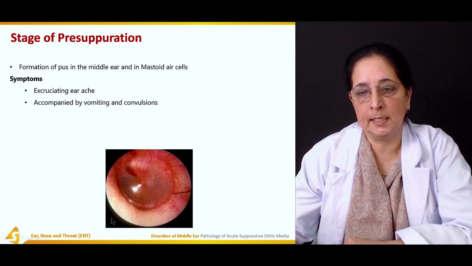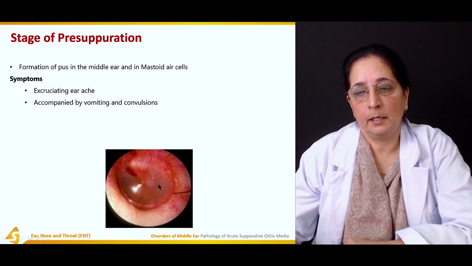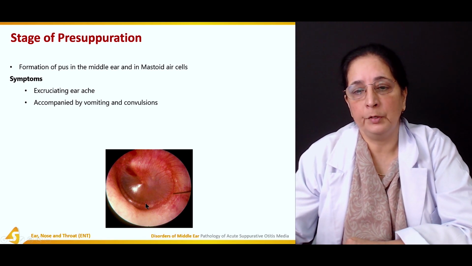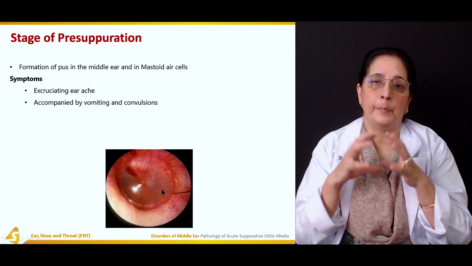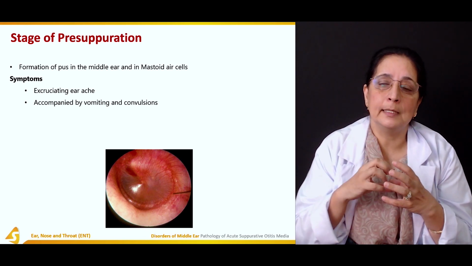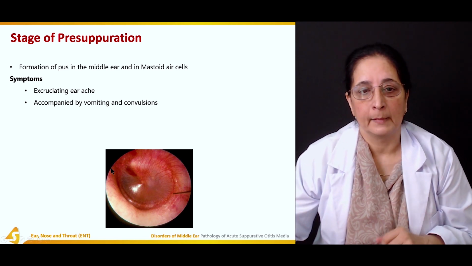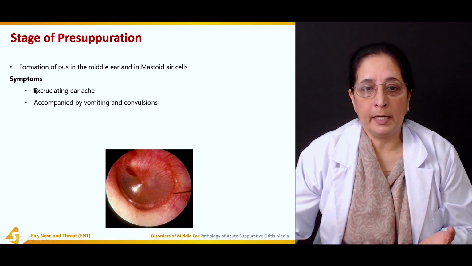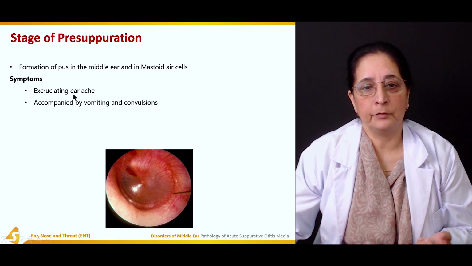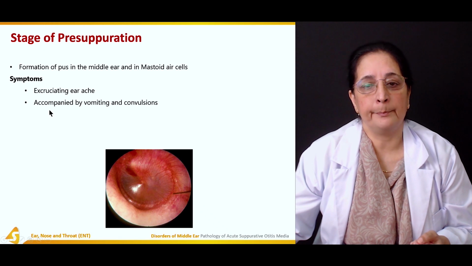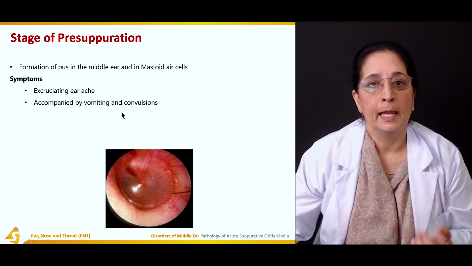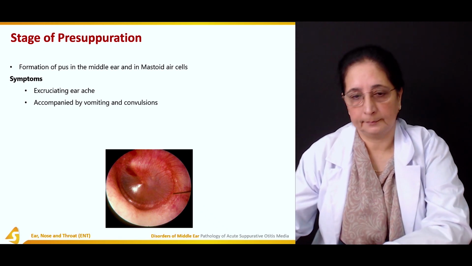And you can see the pus through the tympanic membrane. That pus can put pressure on the tympanic membrane, leading to very bad earache, excruciating earache accompanied by vomiting and convulsions.